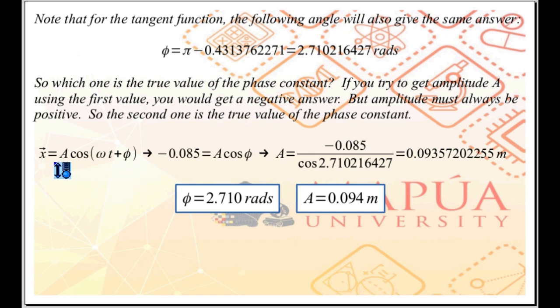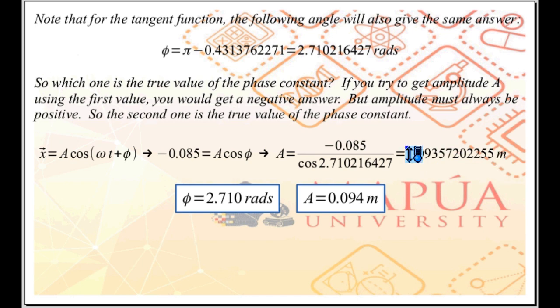we can use the position function to determine the amplitude. x is equal to A cosine omega t plus phi. If we set t is equal to 0, omega t will be equal to 0, and x will just be equal to negative 0.085 meters. Isolating A, we are able to calculate a positive value for the amplitude, 0.093572022255 meters.